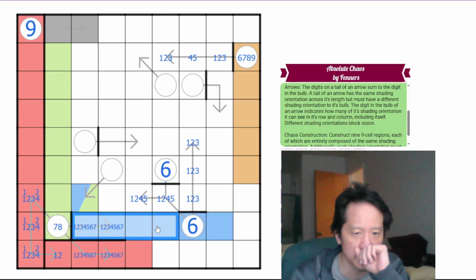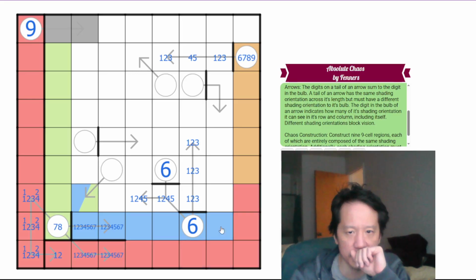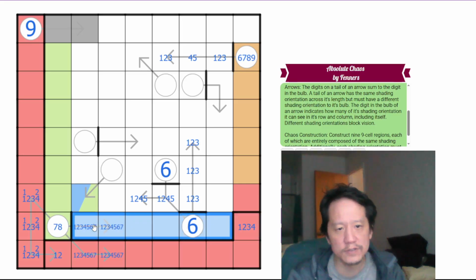This C6 specifically, the red has to go all the way around here, which means this is a region in itself. This must be 1 through 4. This C is only 6 because it's these regions, so this cannot be 6.